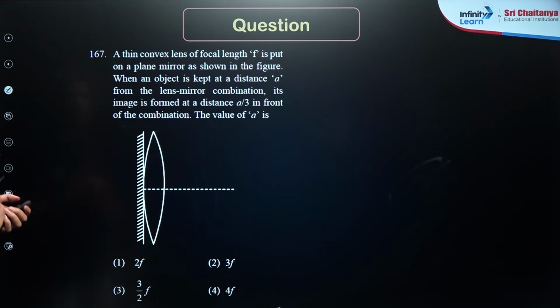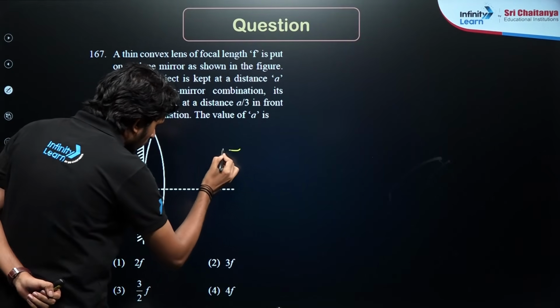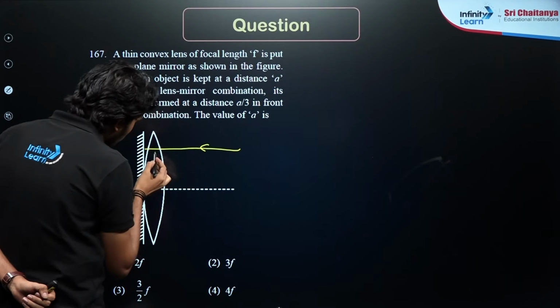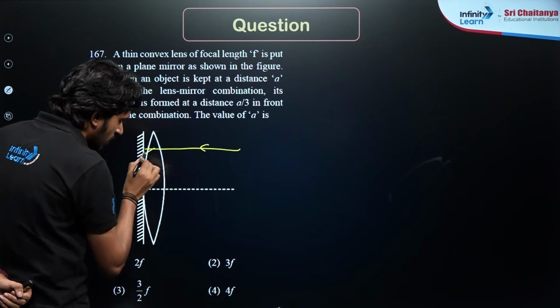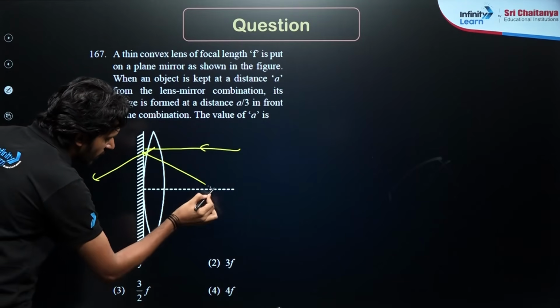In this problem we have a thin convex lens of focal length f put on a plane mirror. So look at here, guys. If rays are going like this, then they will turn in this direction, right? But due to that mirror, they will return like this.